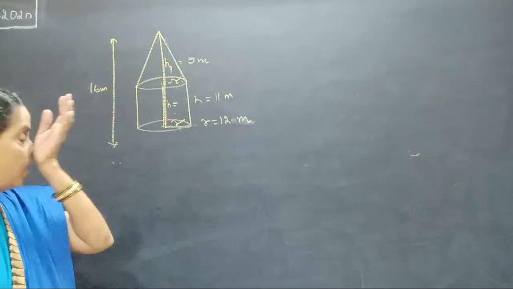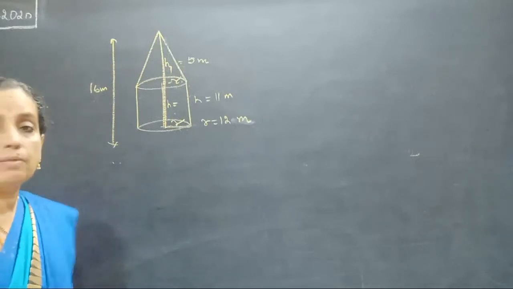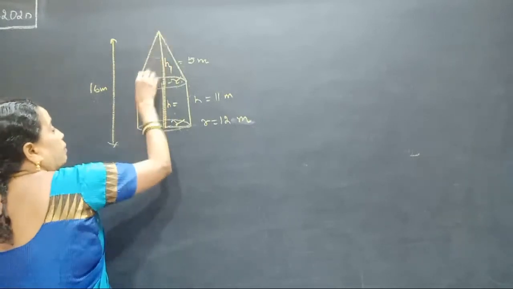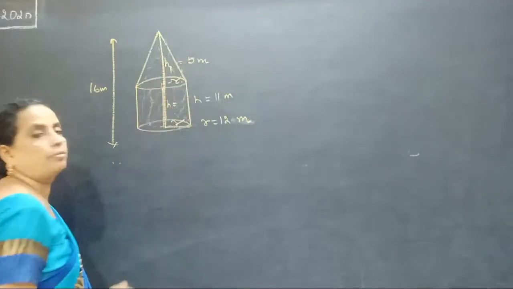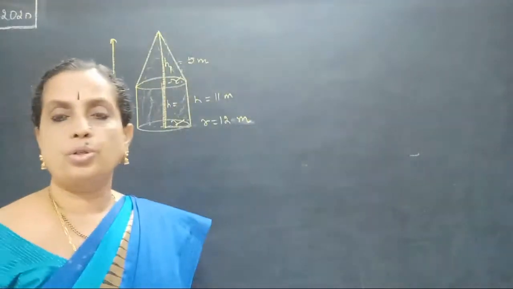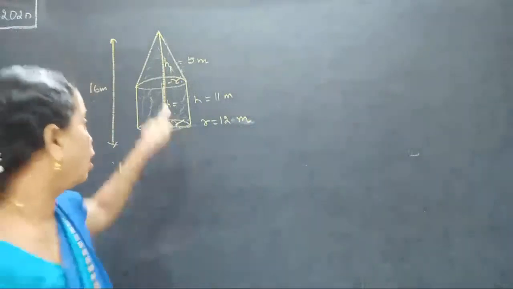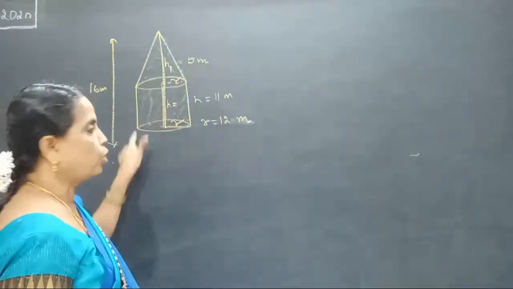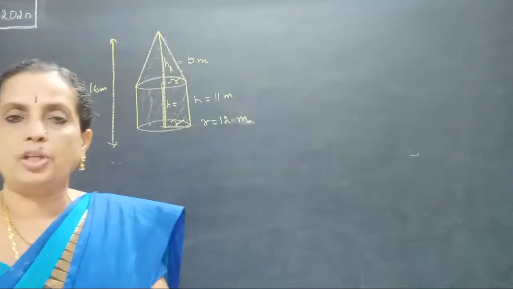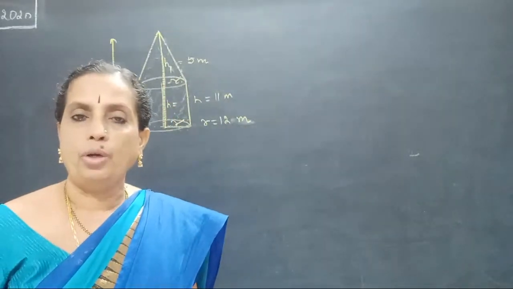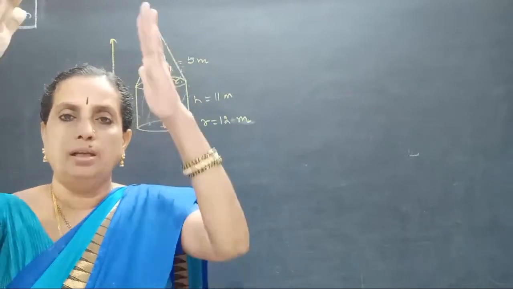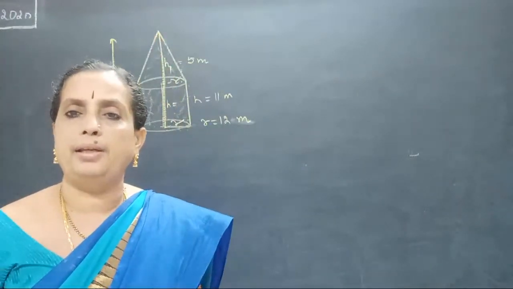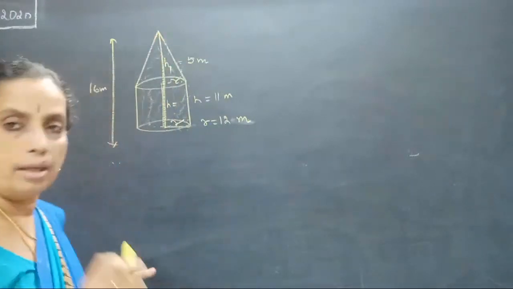Now the total area means we consider the curved surface area of the cone and the curved surface area of the cylinder. There is no base. It is hollow. This portion they use to keep a table or chair arrangement. Only the curved surface area and the top conical area we should calculate. Is it clear?